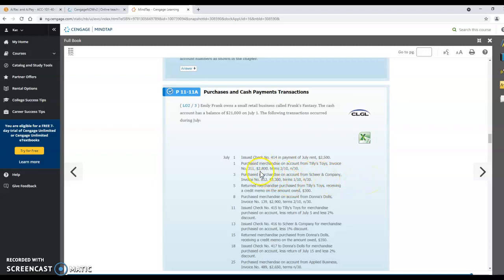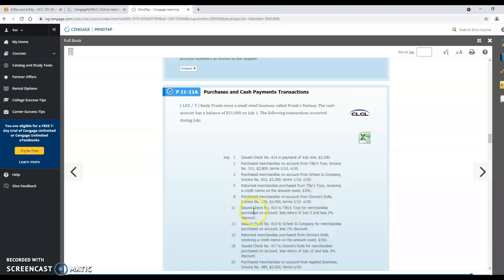So here we originally had 2,800, but we returned 300. So we only get a discount on the 2,500 that's left over. So we're going to take 2,500 times 0.02, which is the 2%, and that's $50.